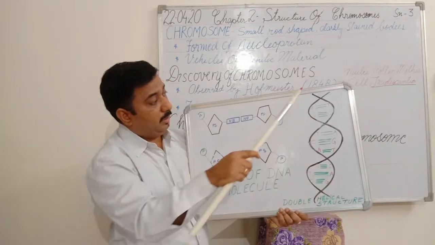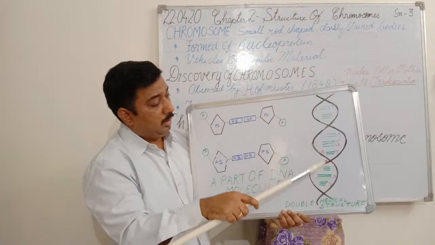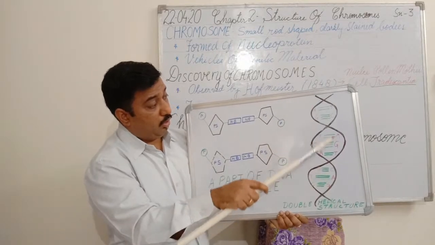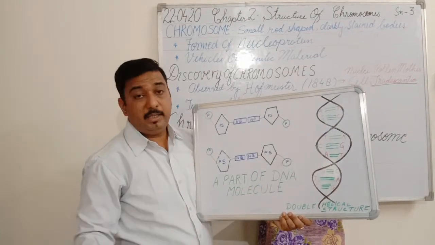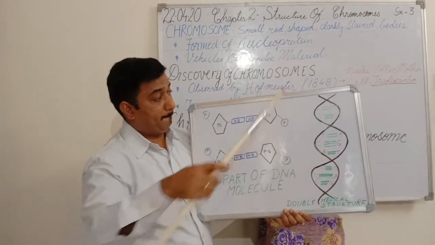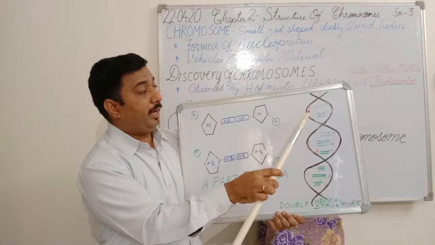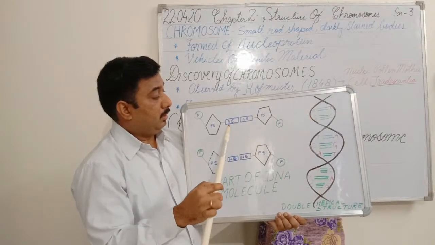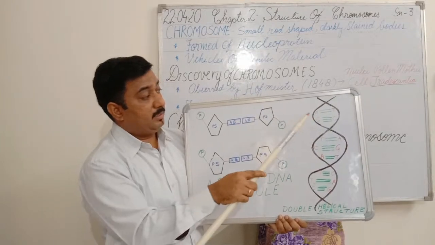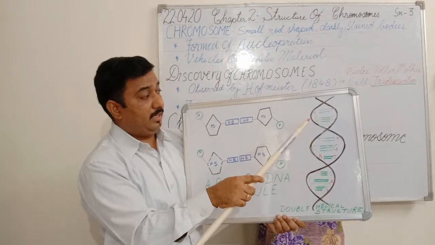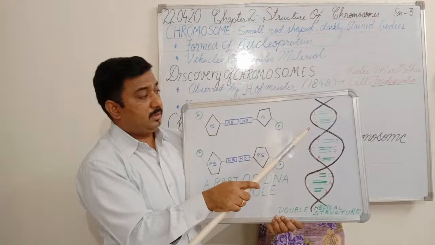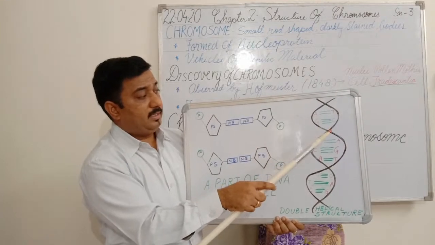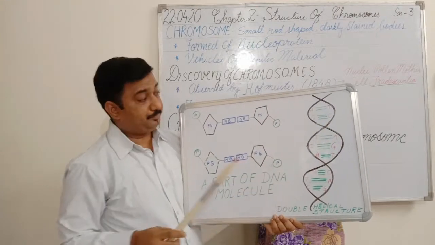This is the coil structure of DNA, where you will find the two strands spirally coiled with each other, and you can find the different nitrogenous bases. A stands for adenine, T stands for thymine, G stands for guanine, and C stands for cytosine.